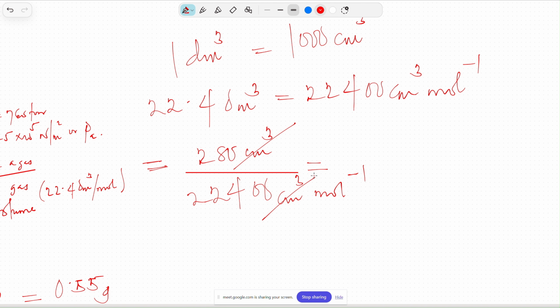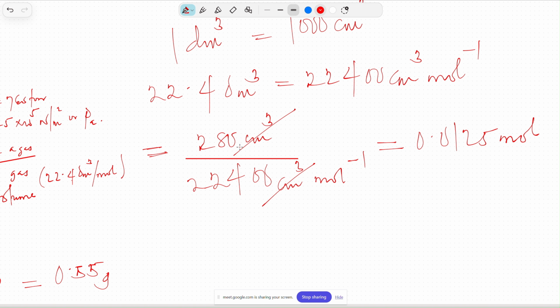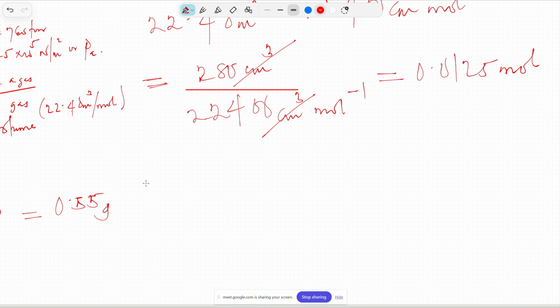So this will cancel out this. So our answer, someone calculating that for me, please. 0.0125 mole. Thank you. So this is the mole of the gas now. This is the mass of the gas, 0.55. This is the mole, 0.0125.